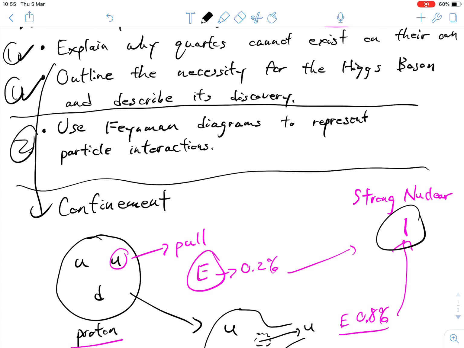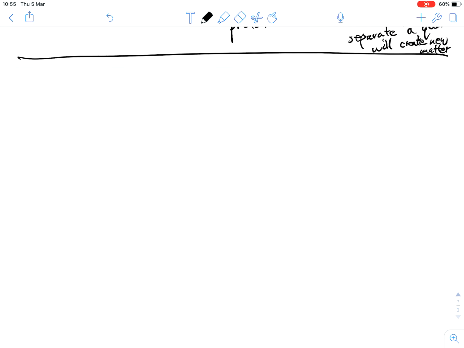All right, next up, outline the necessity for the Higgs boson and describe its discovery. Okay, so let's talk a little bit about the Higgs. So both of these, this idea of matter being created is really, really interesting.